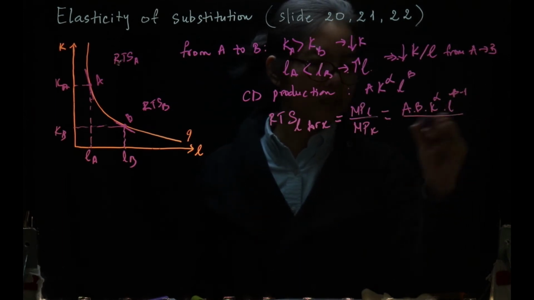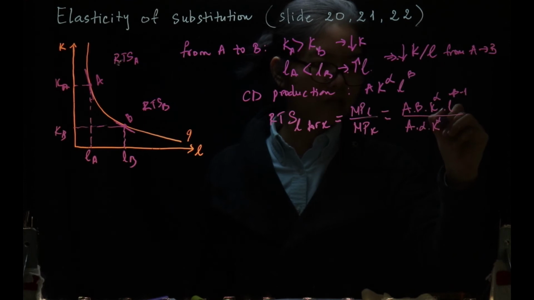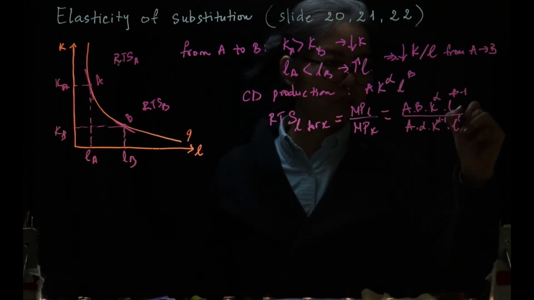We just recently did. And in the denominator we have A times alpha times K to the power alpha minus 1 times L to the power beta.